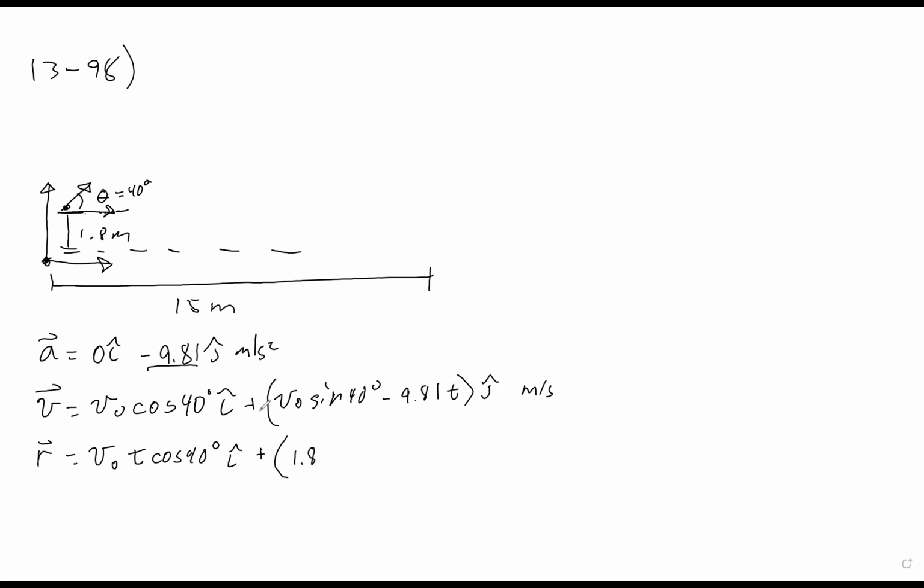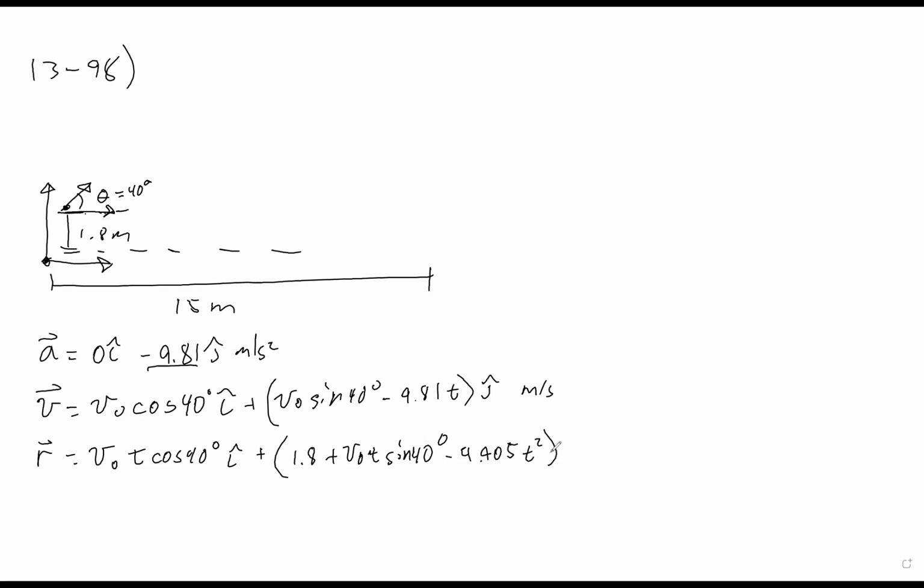We're always having these initial values, these initial conditions that we have to take into account, and those are the plus c's of the integrations. And then our initial velocity is integrated so that we get v naught t sine 40 degrees. And then we're going to have the 9.81 divided by 2 t squared, which is 4.905 t squared.